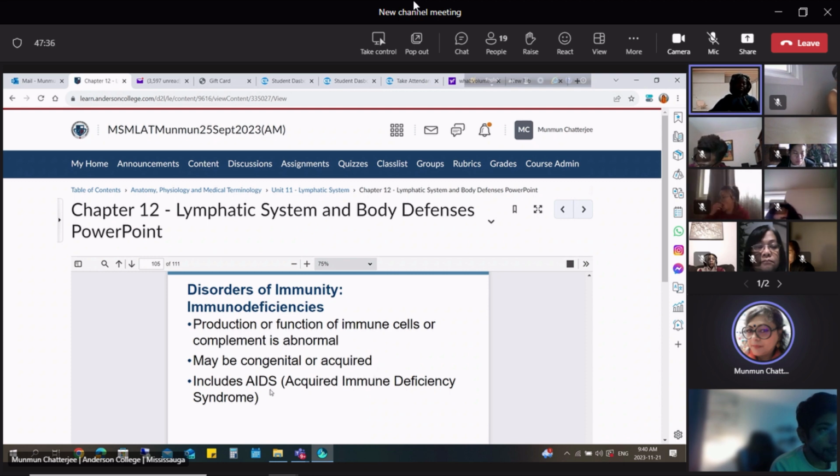But then we have acquired. When you get AIDS, you become immunocompromised. We call the immunodeficient person immunocompromised. So when you get HIV, your whole immune system becomes very weakened.